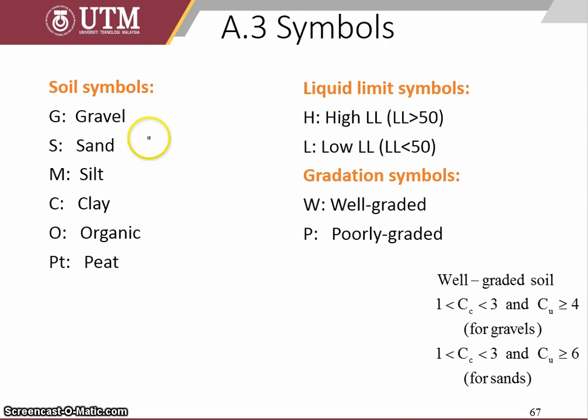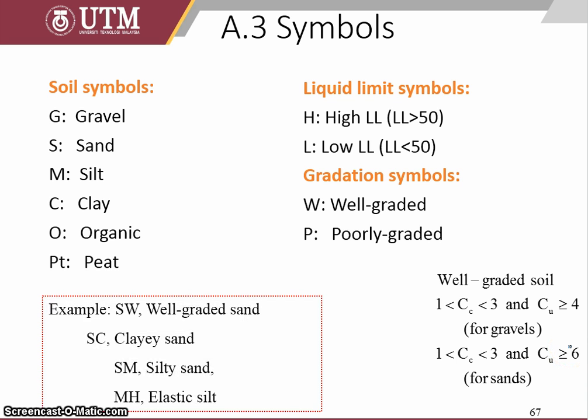In the USCS, you need to know the soil symbols. G is for gravel, S sand, M silt, C clay, O organic, P peat. For the liquid limit symbol, H is liquid limit higher than 50, and L is liquid limit lower than 50. For the gradation symbol, W is for well-graded soil and P is for poorly graded soil. Next, an example: SW.